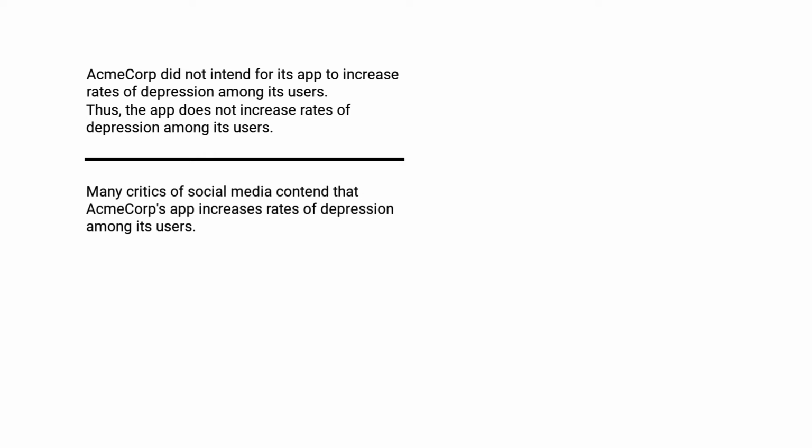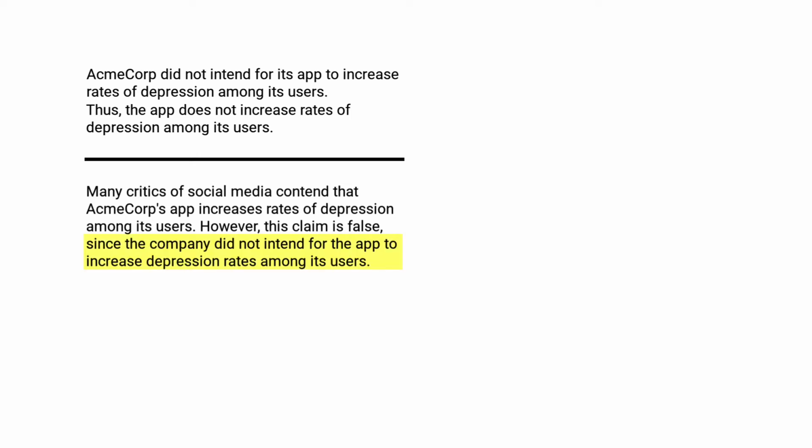And the conclusion will be, however, this claim should be rejected. Actually, I'll make that, however, this claim is false. And the premise about lack of intent, I'll just move to the end of the argument, since the company did not intend for the app to increase depression rates among its users.